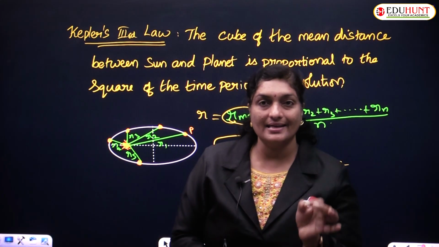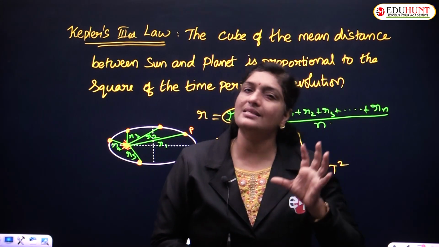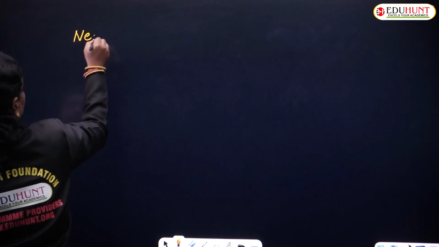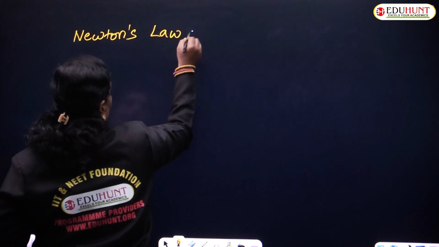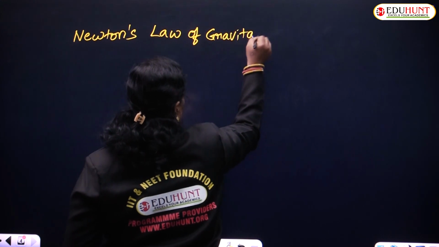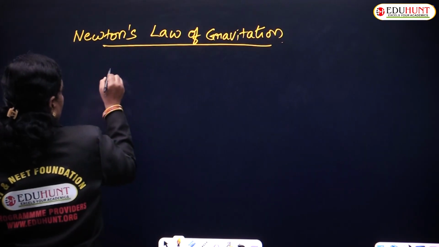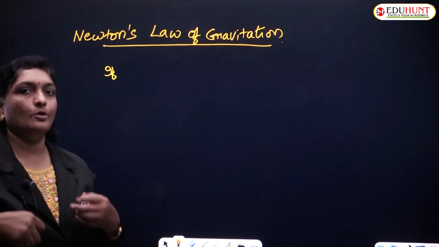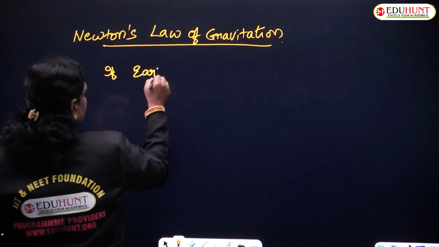So this is the third law of gravitation. Now let us understand Newton's law of gravitation based on Newton's third law. If instead of object you may get confused, I'll consider it as Earth.